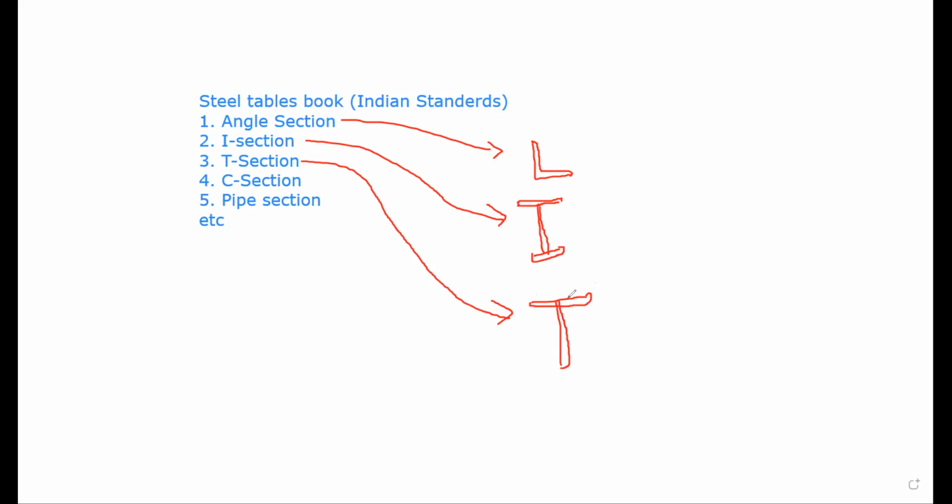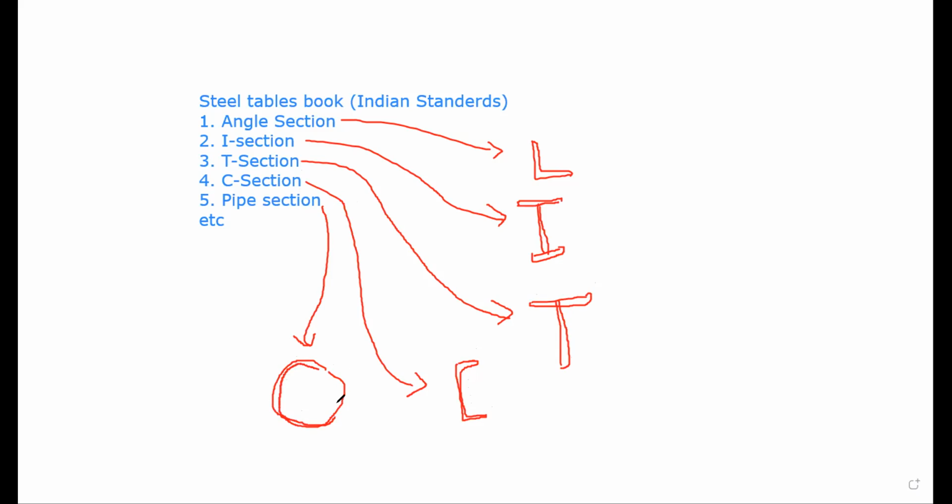Then the channel section is going to be like this, a C shape. Then the pipe section, a circular section with a hole in it.